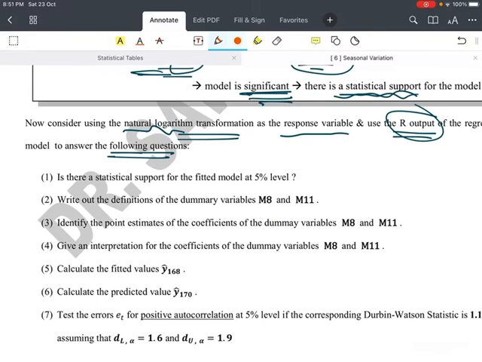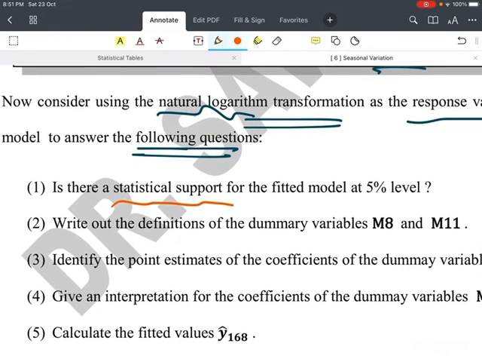So is there a statistical support? If they write is there a statistical support, that means we need to test.